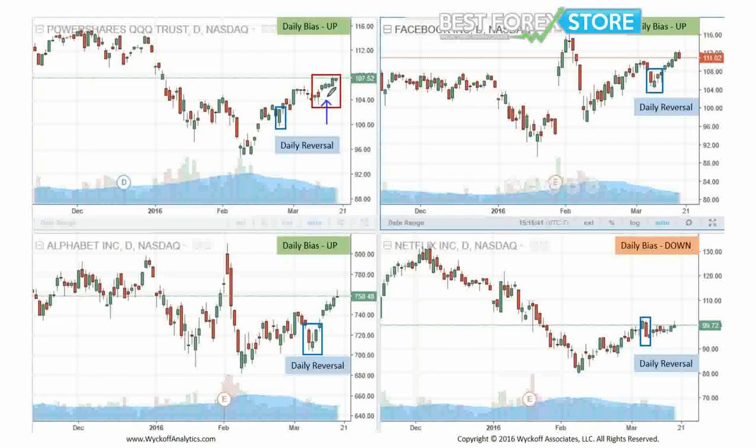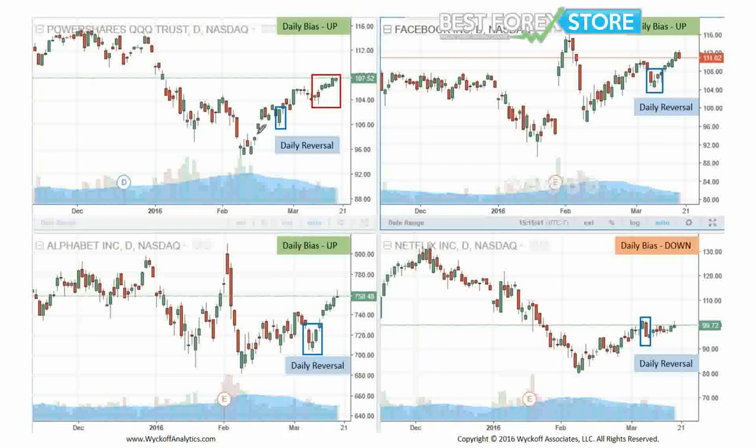So we're going to look at 4 days. I believe it's going to be this one, this one, this one, this one, or maybe this one. 4 or 5 days we're going to look at. And I want to define the daily bias right away. What's the majority of the intraday trades that I'm going to take? Are they going to be to the upside, or are they going to be to the downside?